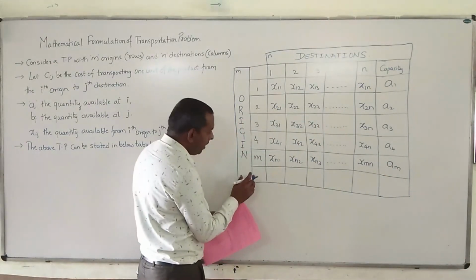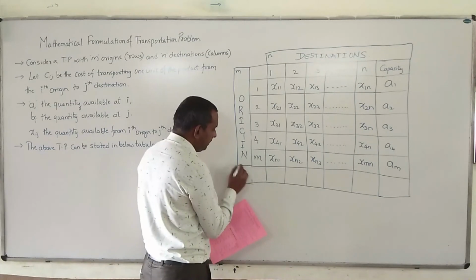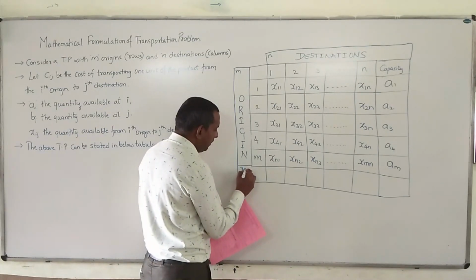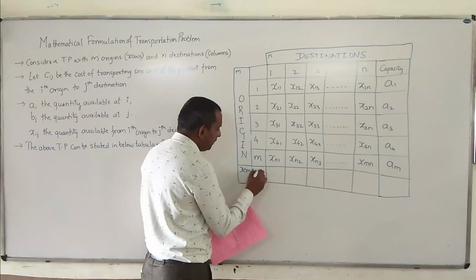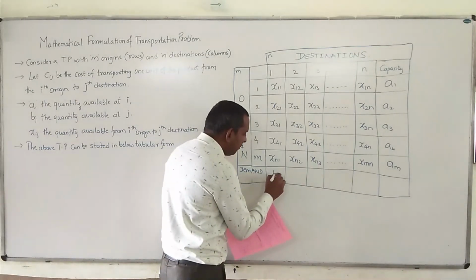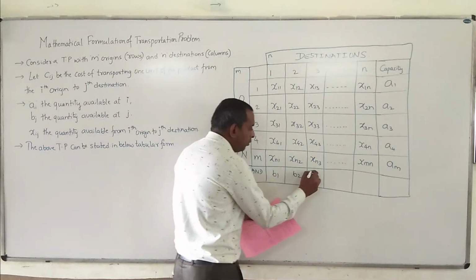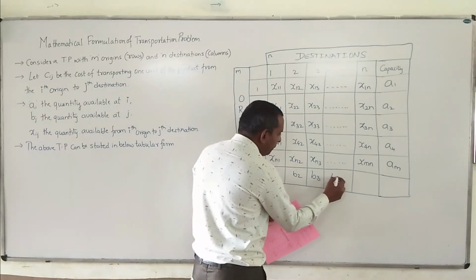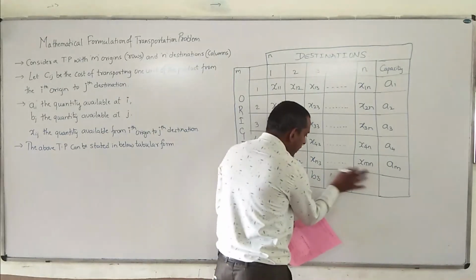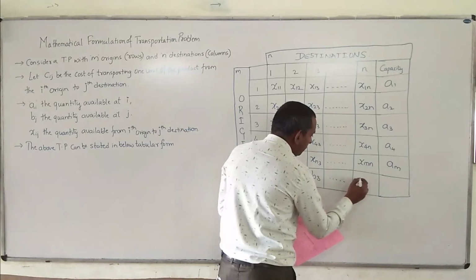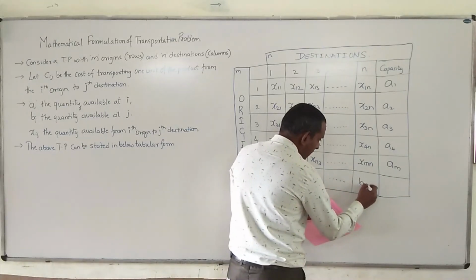And this is the demand. So the demand is B1, B2, B3, and so on up to Bn.